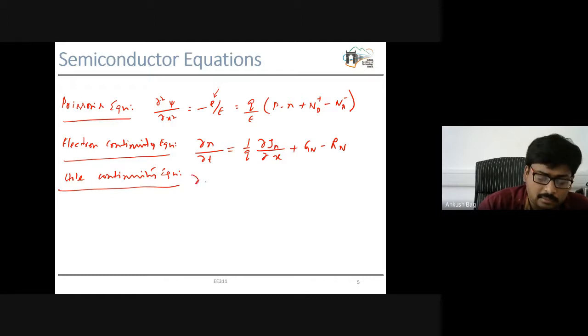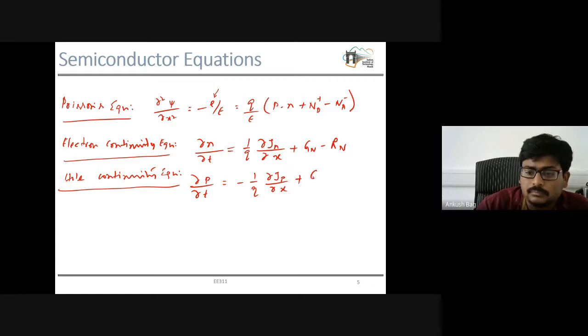So the electron continuity equation in a semiconductor has this kind of form. And similarly, the hole continuity equation, the variation of holes with space as well as time, here we have minus Jp minus Rp. Here you can see this is the electron concentration variation with time, and this is the current density variation with space.